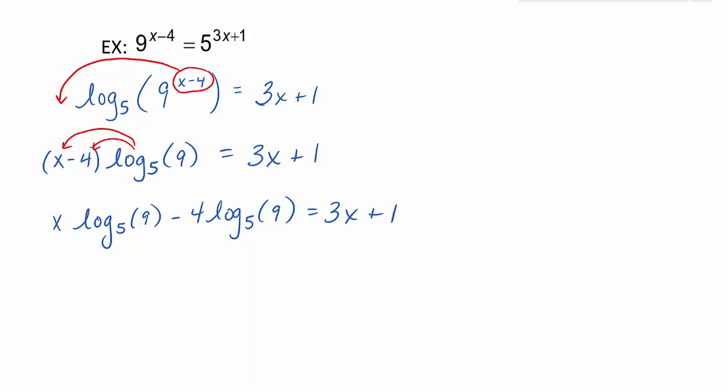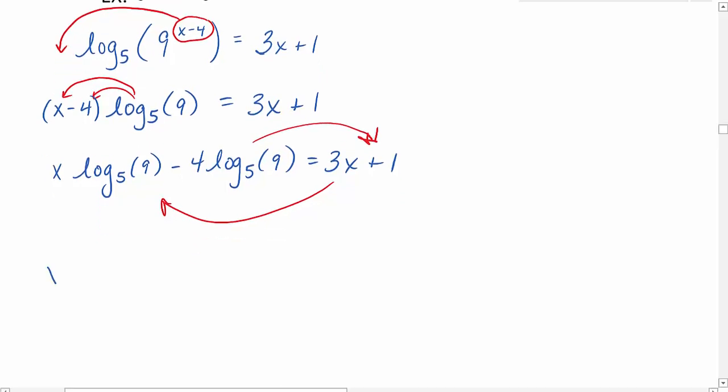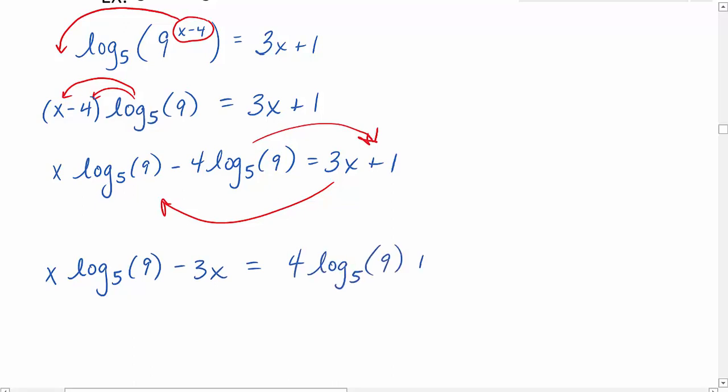So let's do that. Let's move our 3x over to the left side and our 4 log base 5 of 9 over to the right side. Great.